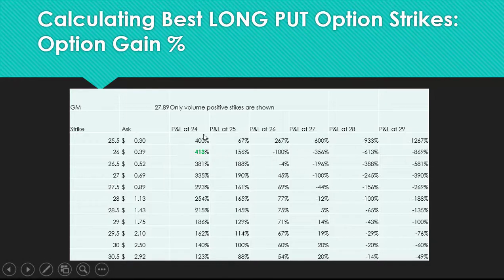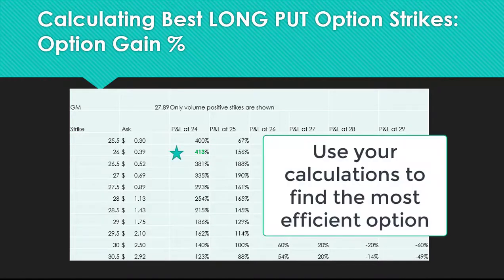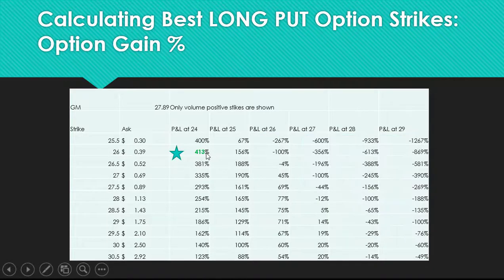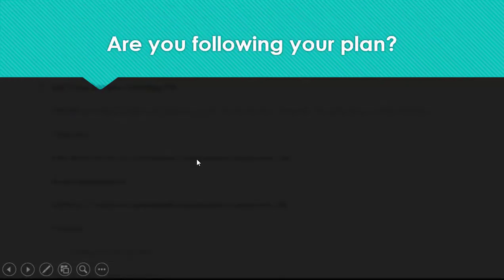Buy the $26 strike, and when the stock price gets to 24, we maximize our profit. As you know, with a call, we profit when the stock price goes up. With a put, we profit when the stock price goes down. So if we had bought the $26 option and waited until the stock price got to $24, we would maximize our profit. Interesting, huh?